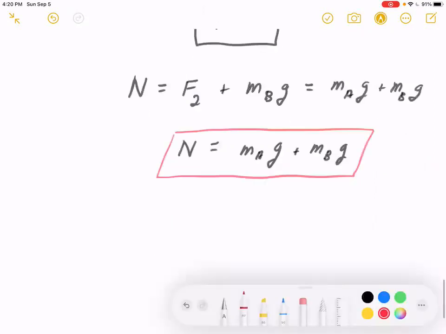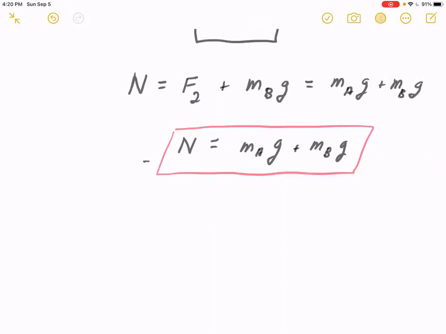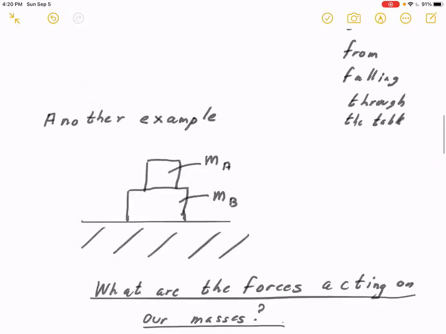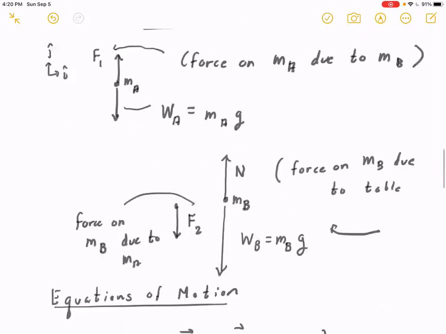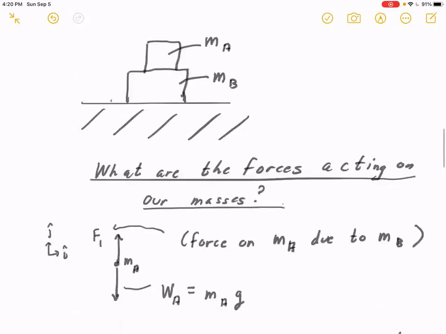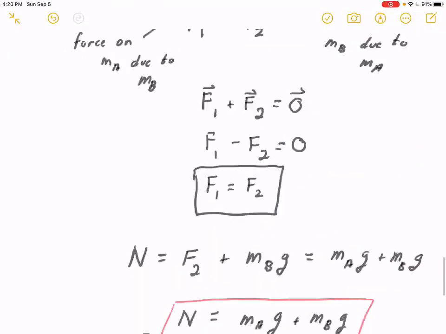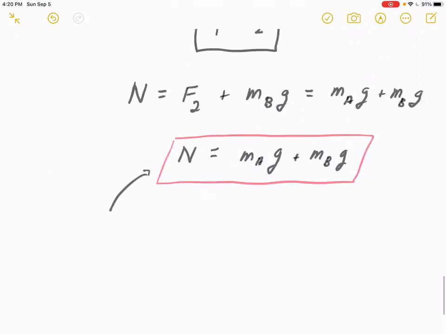Now, does this make sense? Yes, because what this is telling you, let's go back to our problem here, is that the table has to exert a normal force. So this is the normal force which the table exerts, but it has to exert it on two masses.